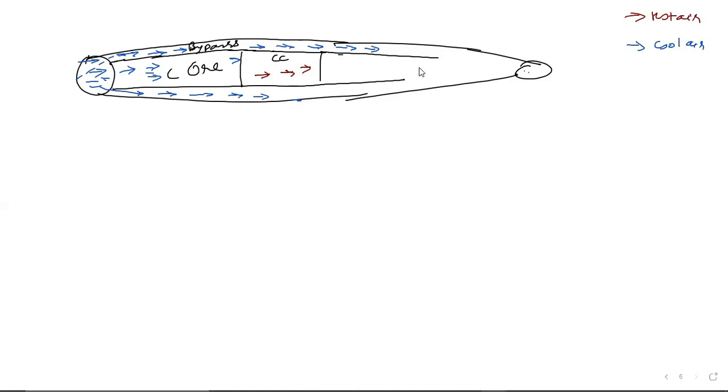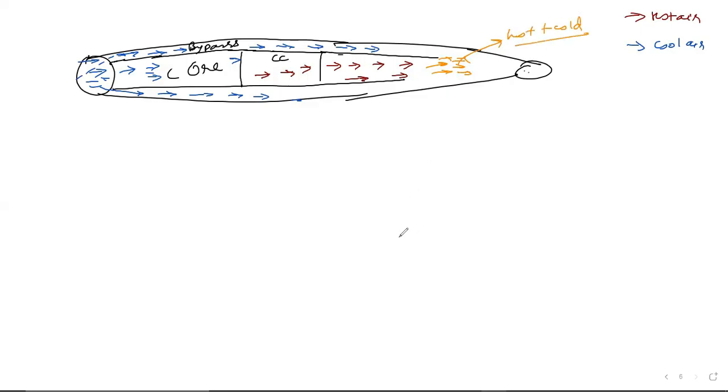Whatever this hot air and cool air combination will be, here hot air plus cool air. Red plus blue is basically orange color. Where is the orange color? Yes, this is the orange color. Some of this is the flue gases, hot plus cold.